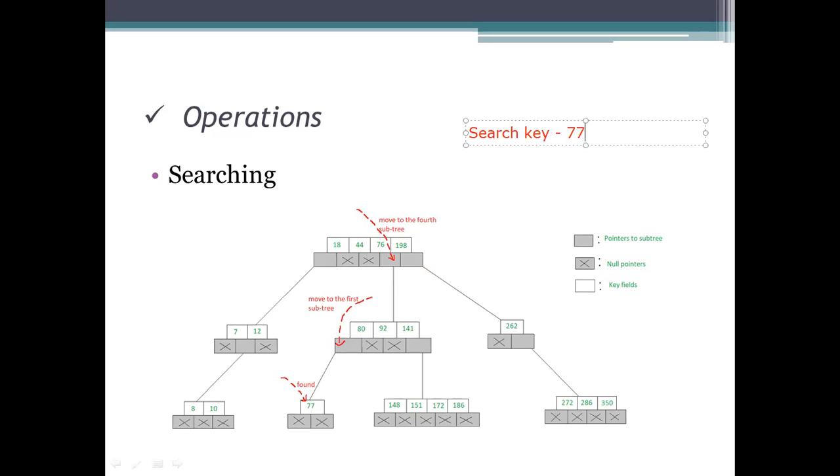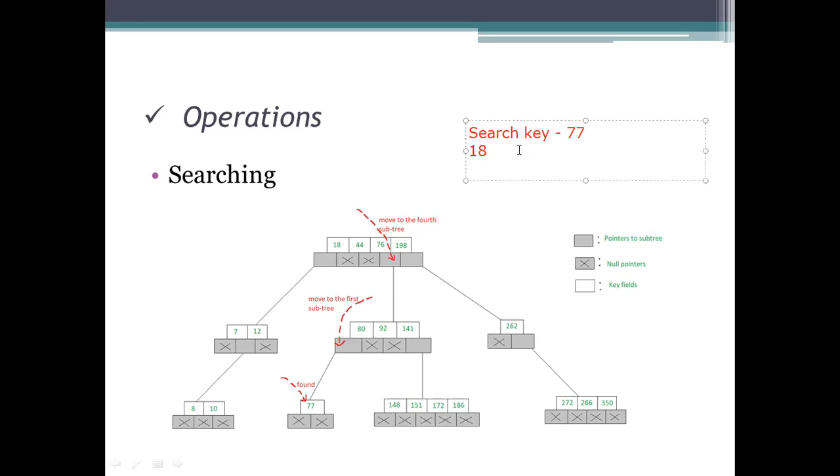We should know the pointer to that element here. So just go for the first node of the representation, the first M-way ordering elements here. How many elements are there? They have 4 elements. Compare with each and every element.